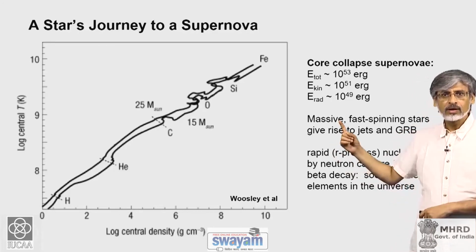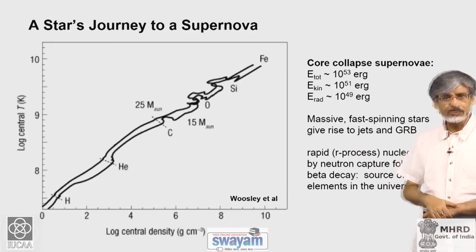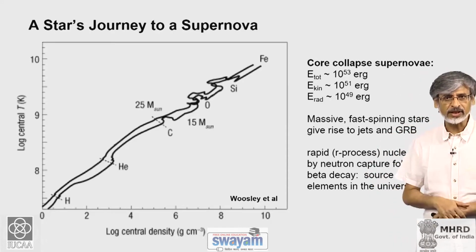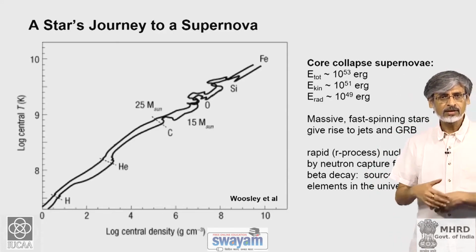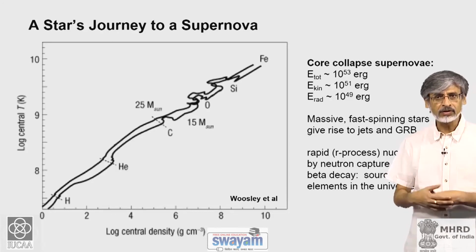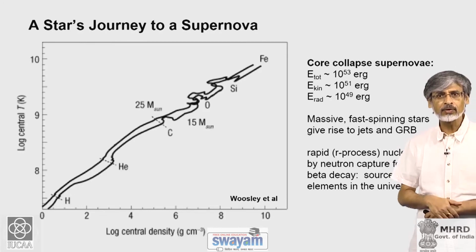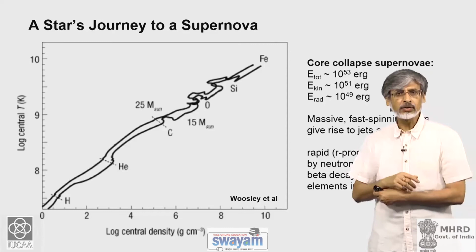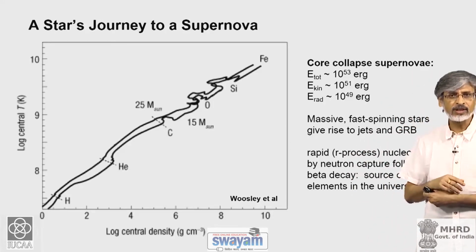Now, if the star is massive, then the core which is collapsing is likely to go beyond the upper mass limit of neutron stars, and therefore directly form a black hole. And usually these cores are also spinning very rapidly.